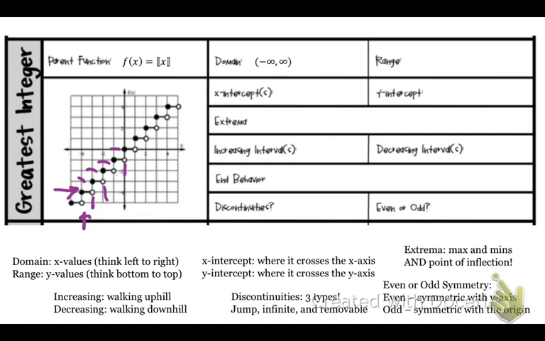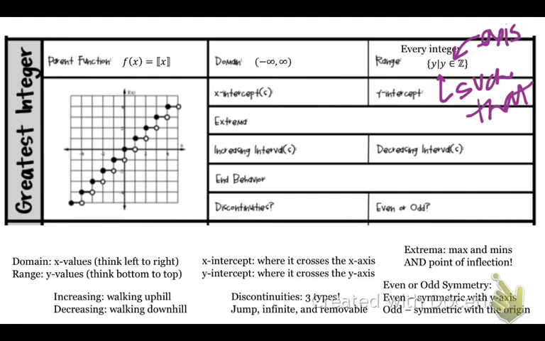The range here is every integer. So integers are just -1, 0, 1, 2, 3, 4, 5, and all into the negatives. The way you write that mathematically is y, this line means such that y, and then this means exists, and that weird z thing means integers.